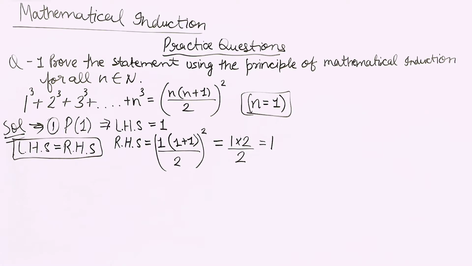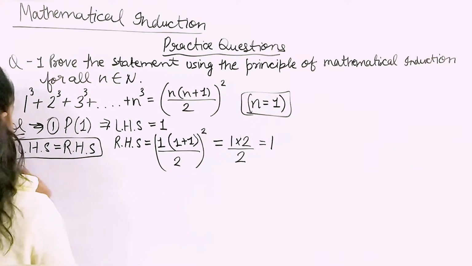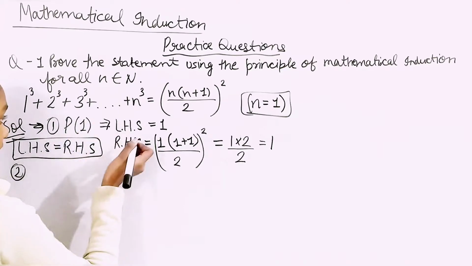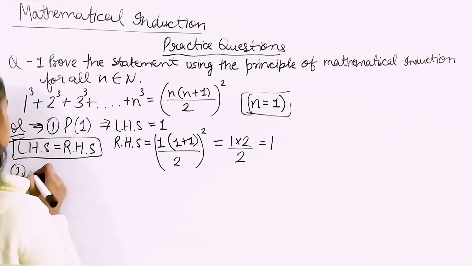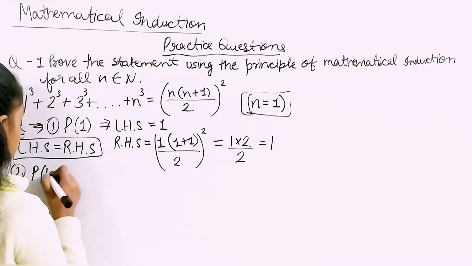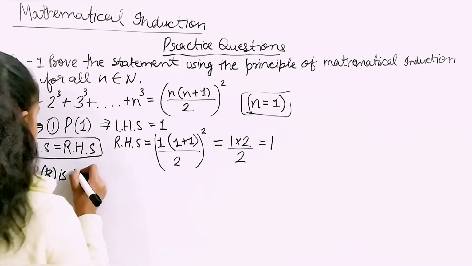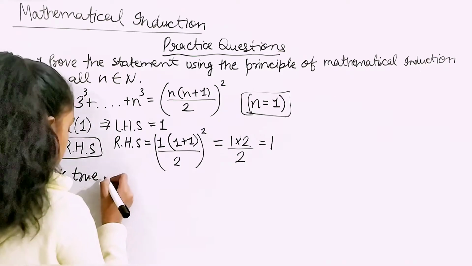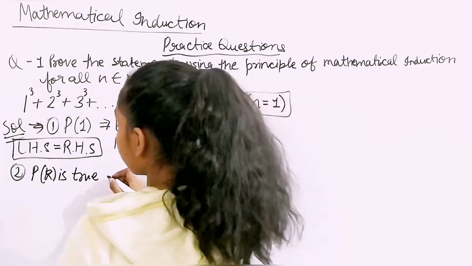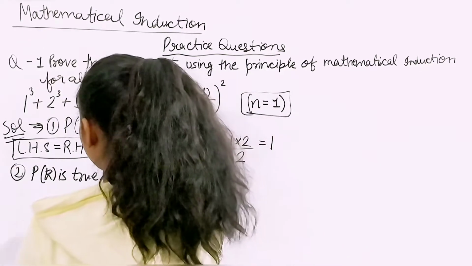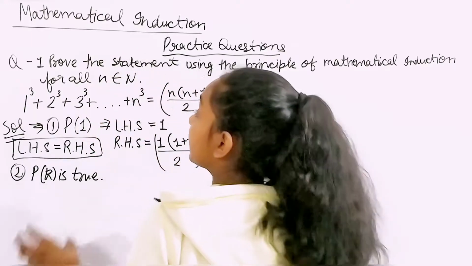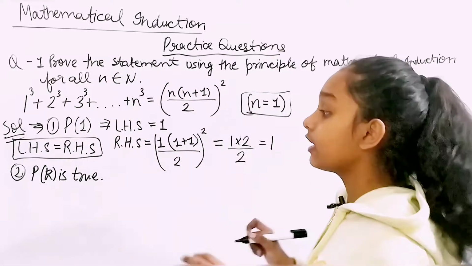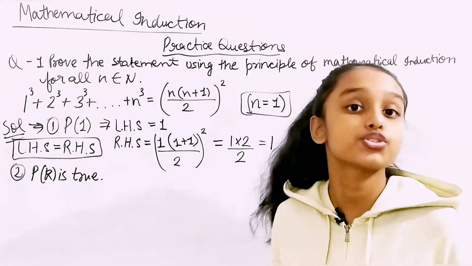One thing is already fixed. We're assuming that P of k is true. Then we have to prove that P of k plus 1 should also be true.